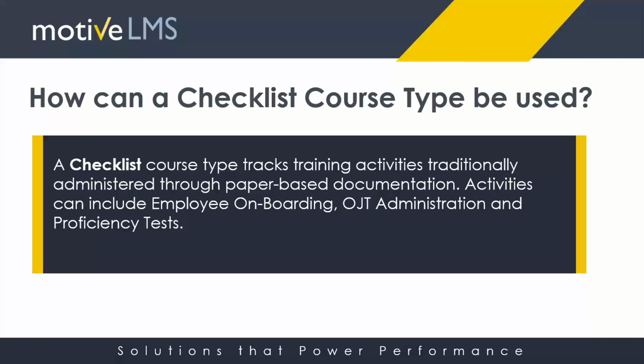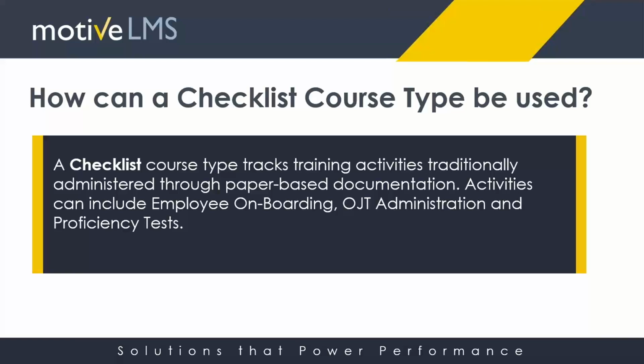And as I said, the checklist course type tracks training activities that are traditionally administered through paper-based documentation. However, it allows you to track it electronically. The checklist course type can be completed on a mobile device or on a laptop.